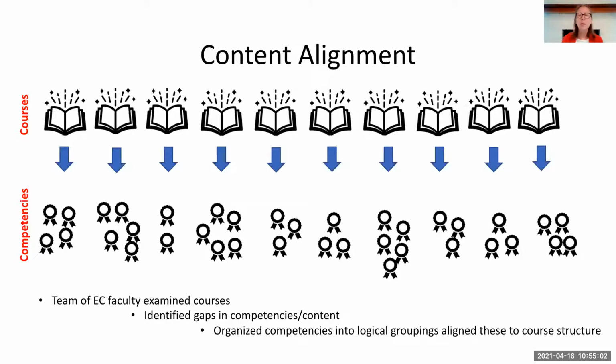That was variable, but we did line everything up so that the competencies, the entire content of the two delivery systems, was cohesive and well aligned. And we made sure that, to the best of our ability, there weren't important gaps, and we were meeting the expectations for a master's degree.